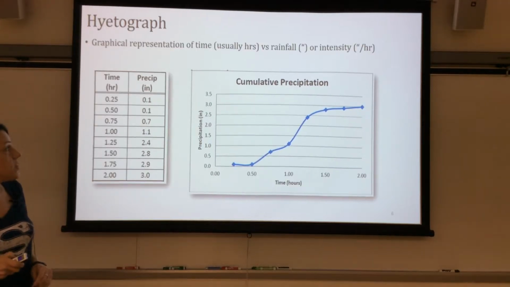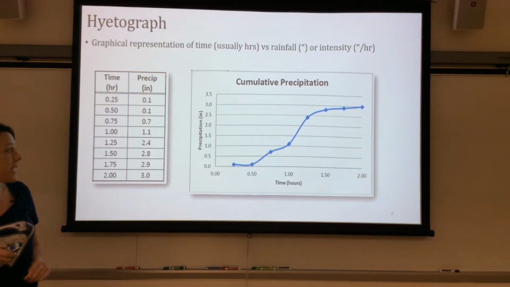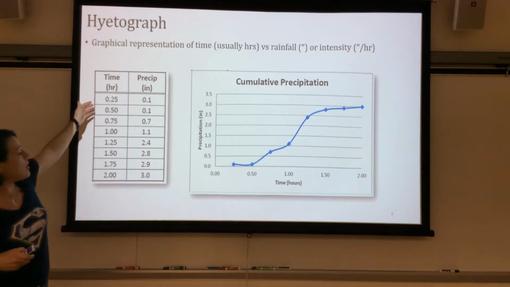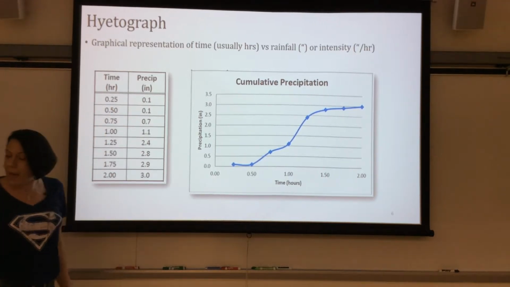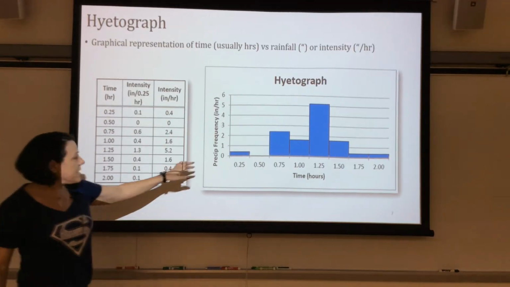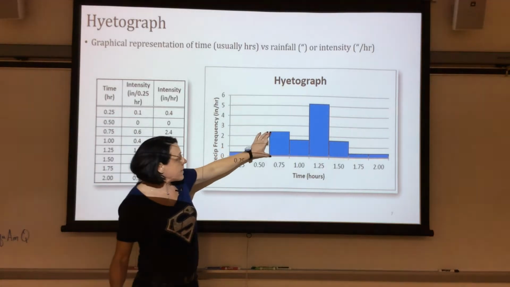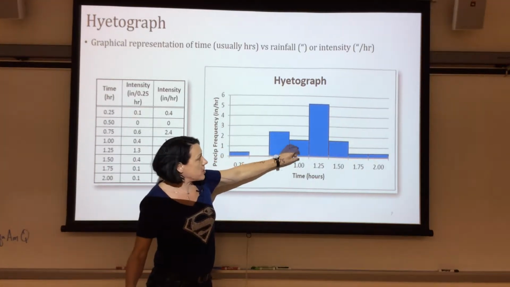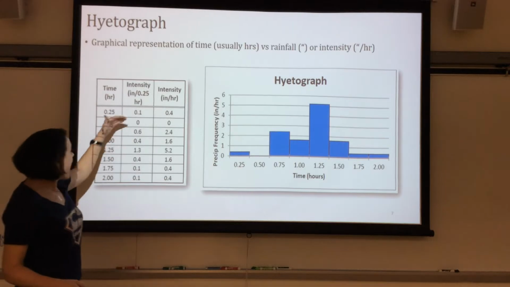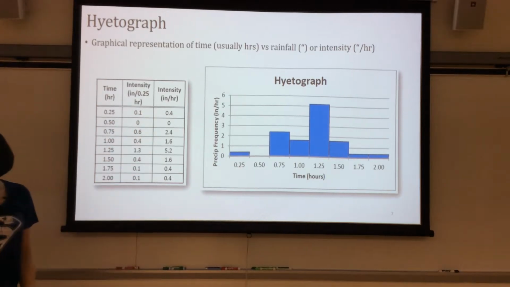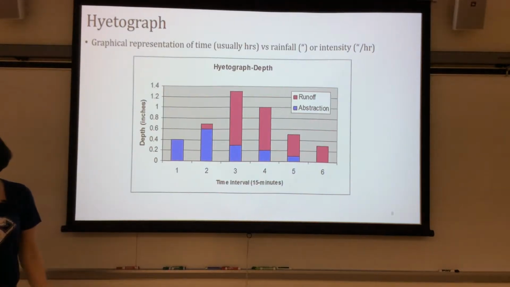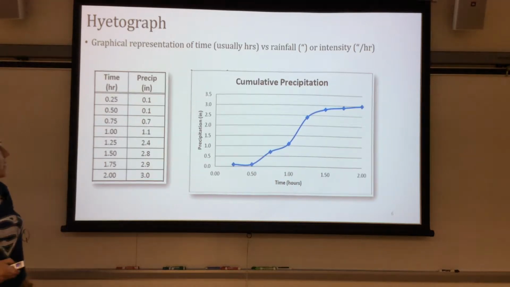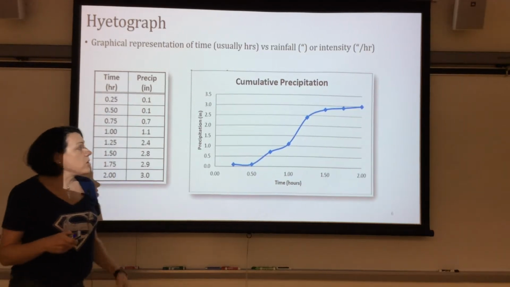But sometimes we use a cumulative precipitation, where these are all of our times. When we look at this graph, you can see that this is an increment, and then I'm going to add this much, and then add this much on top of it, and add that. So I'm actually adding each one of these values in a mass curve, basically a cumulative precipitation.